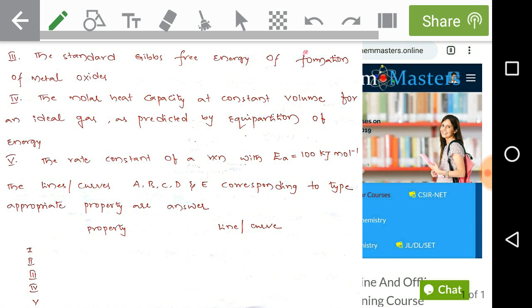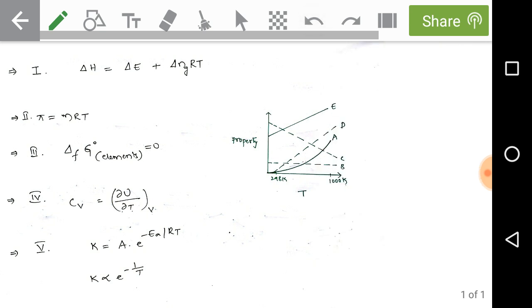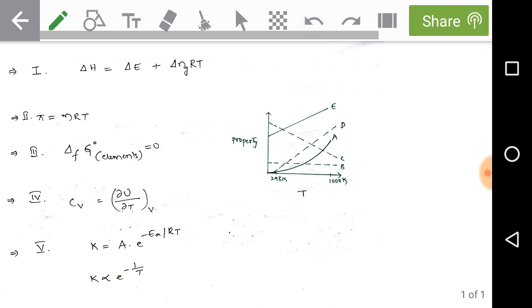Okay, right. If you look at the first property, that is enthalpy, in the first sentence we are given the information that the number of moles increases from reactants to products. The initial enthalpy is always more than zero for a gas phase reaction where the number of moles increases from reactants to products.